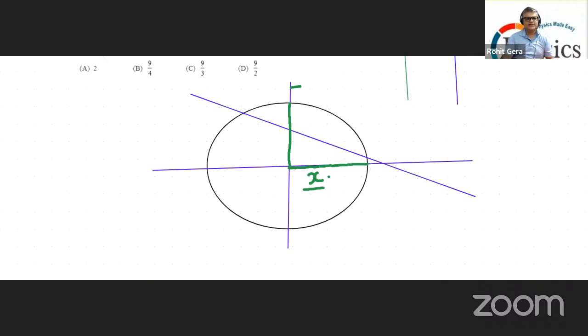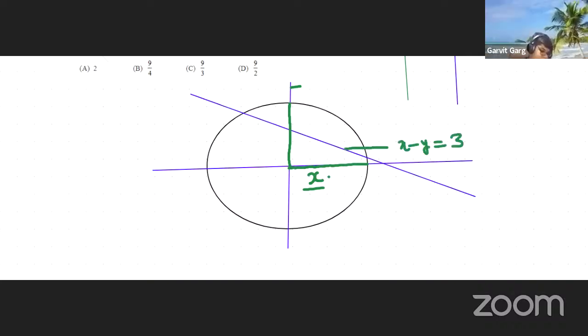So this has some equation, for example x minus y is equal to minus 3, let's say. So this is x plus y is equal to 3.